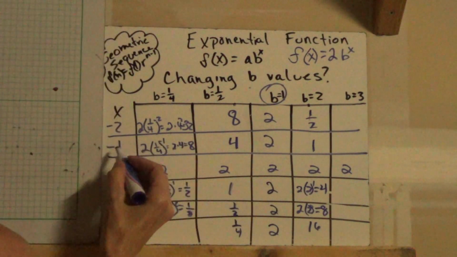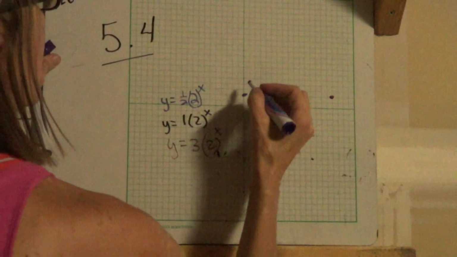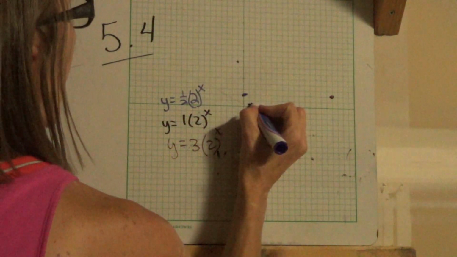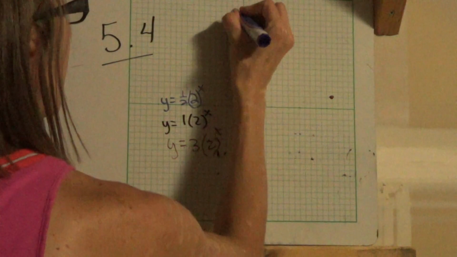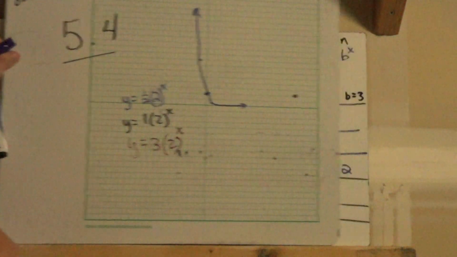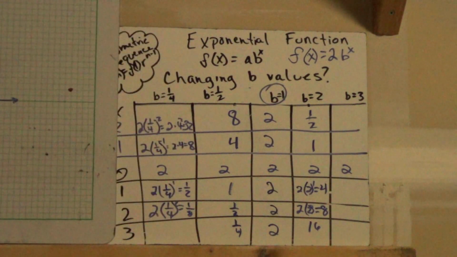Going back here at -1, it was up at 8. So that's a pretty steep curve. Doesn't touch 0, but it comes down there pretty fast.